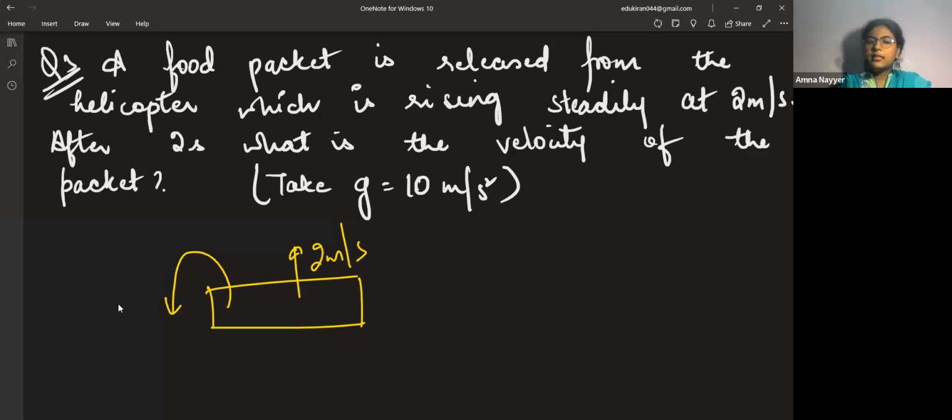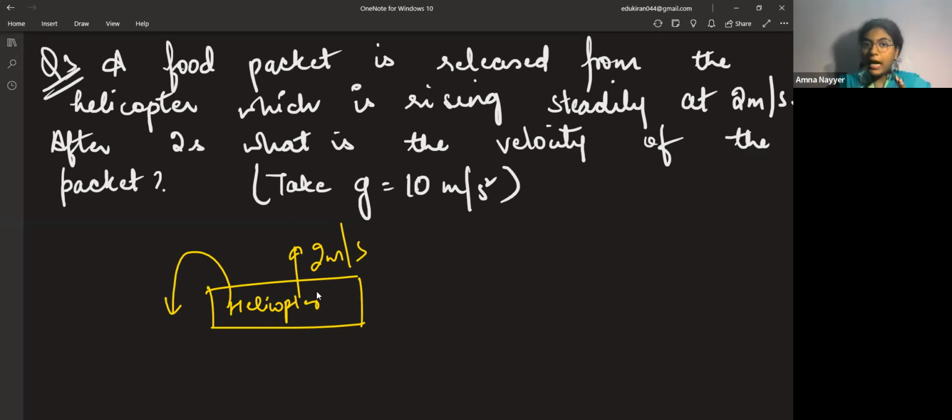See, class, in this question, suppose this is the helicopter, when the packet is thrown, the initial velocity of the packet is actually the velocity of the helicopter only, right? If you are resting within the helicopter and the helicopter is moving, you will acquire the same velocity.